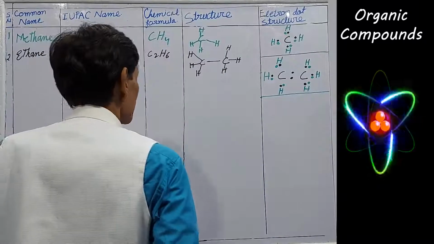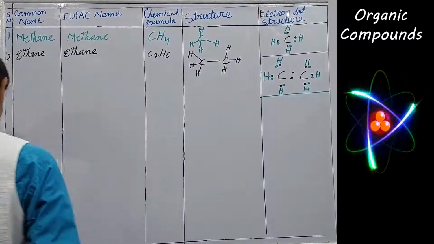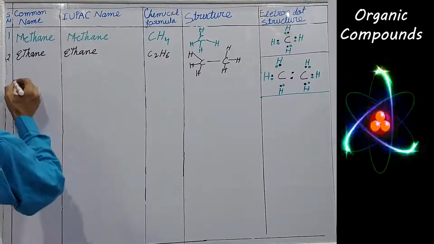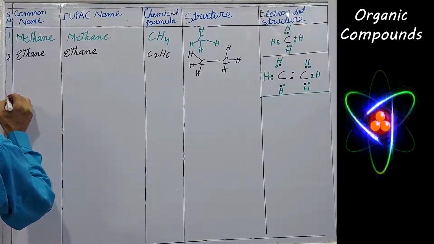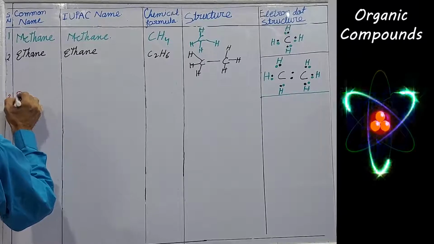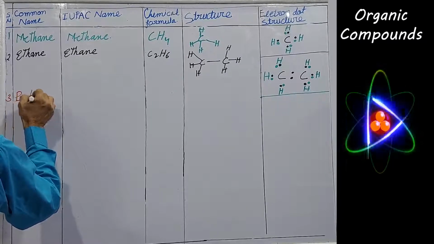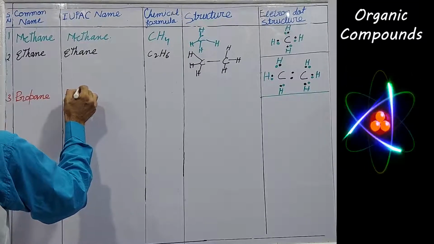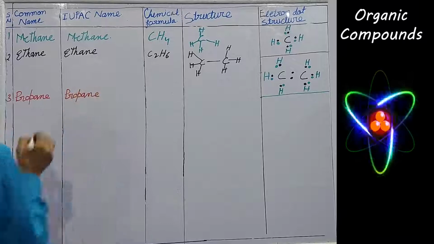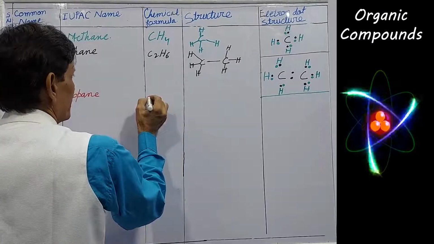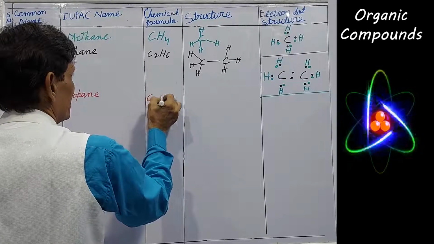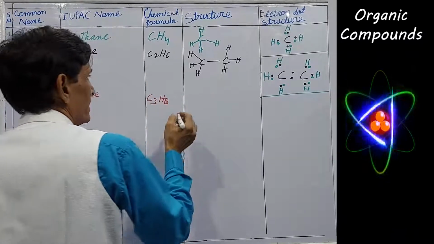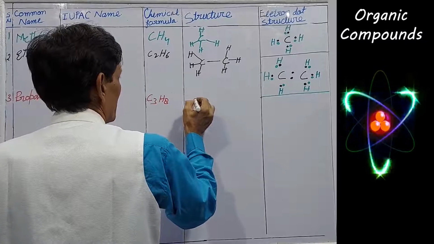Now next is propane, number 3. Propane. IUPAC name, first letter should be capital, Propane. Its formula is C3H8, and here I am drawing its structure.